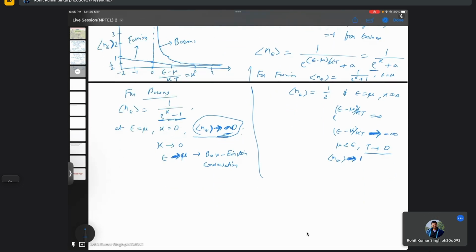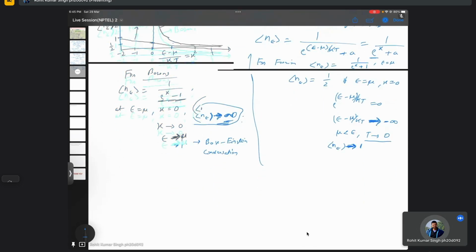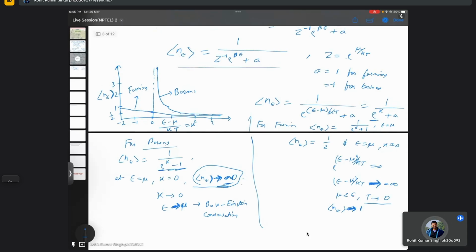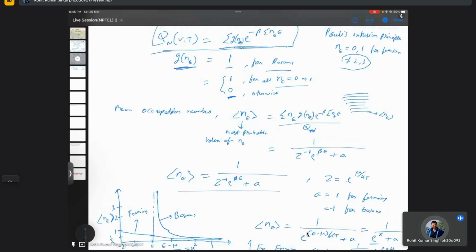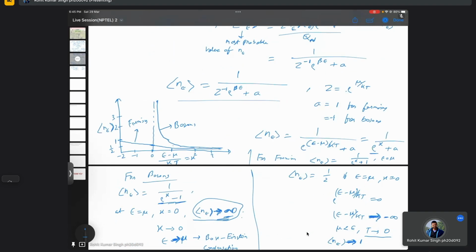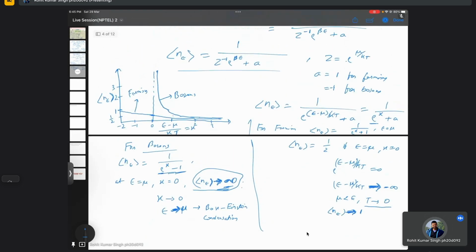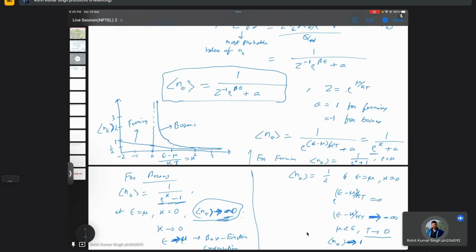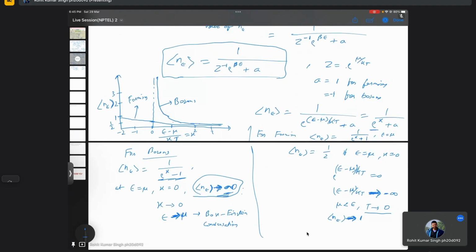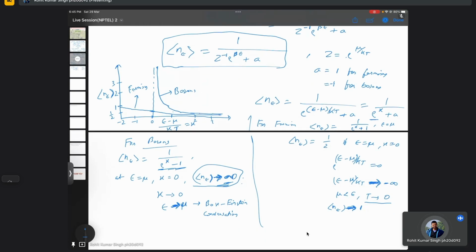Okay, so you see that, since we already had this factor here in the partition function, that gives us the true mean occupancy number, such that it preserves the basic physics of these bosons and fermions.